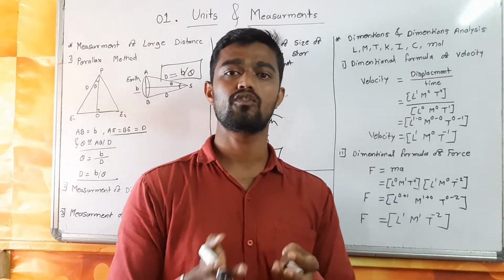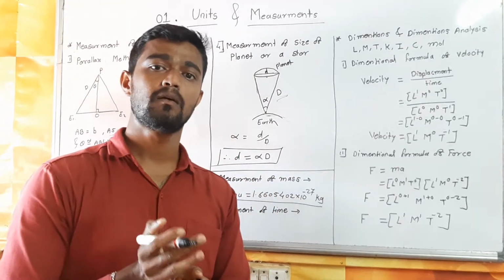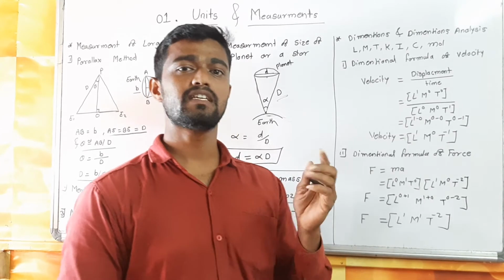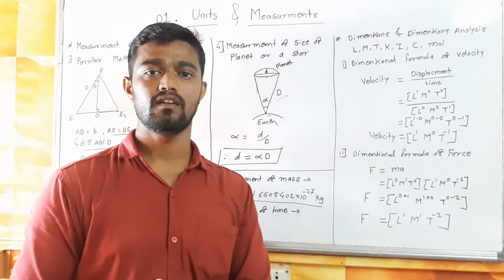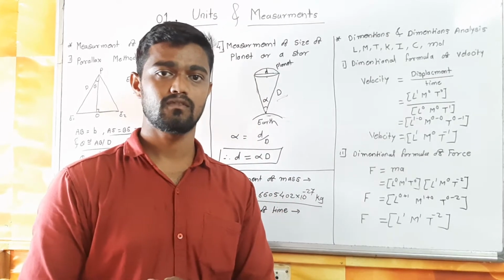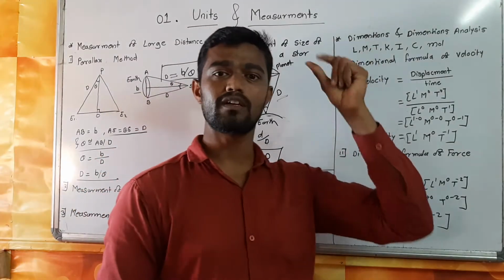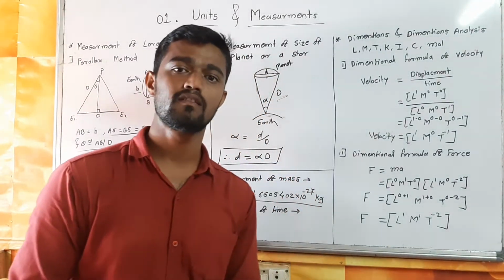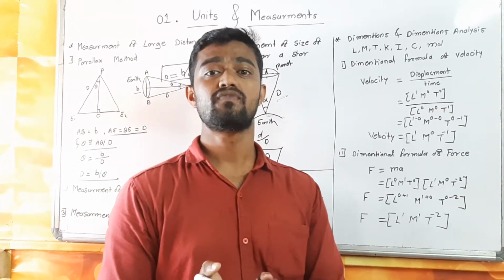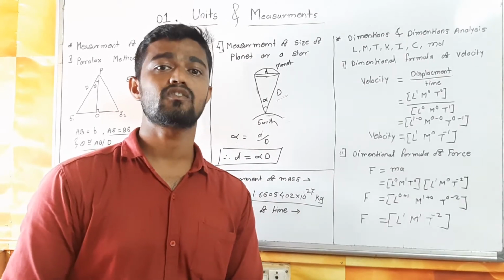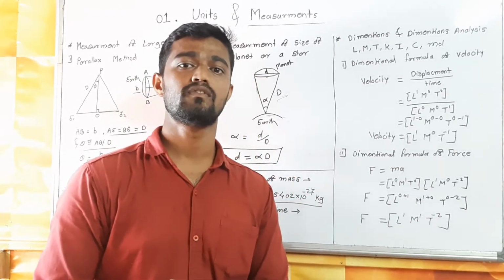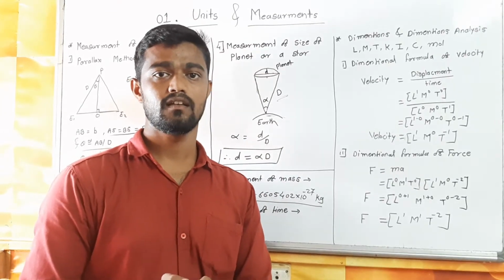Now we want to find out the dimension of fundamental units. When you find out the dimensions of a given quantity, we use the physical quantity and its power to its fundamental unit and order of its unit of physical quantity.